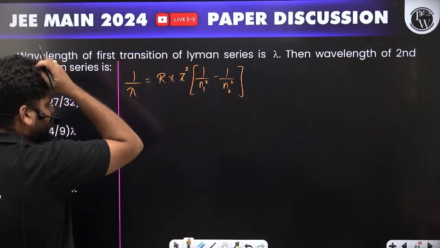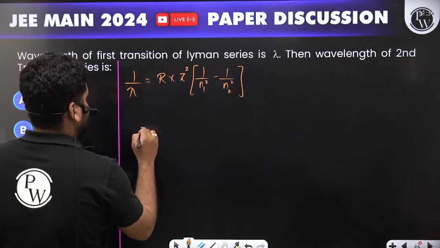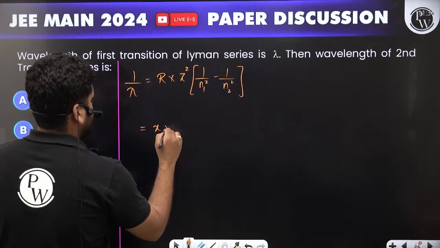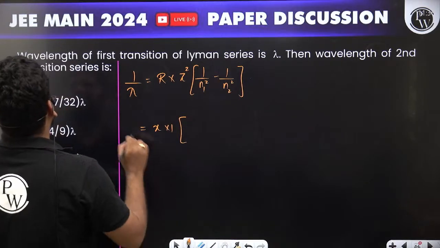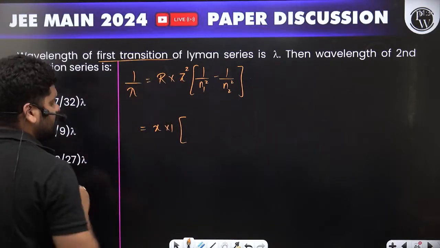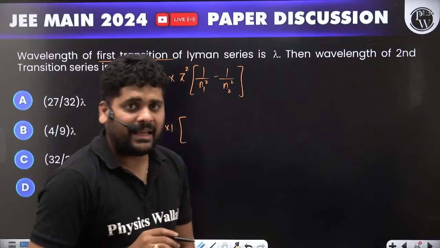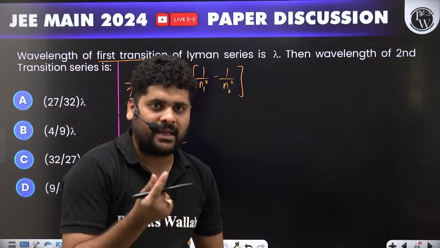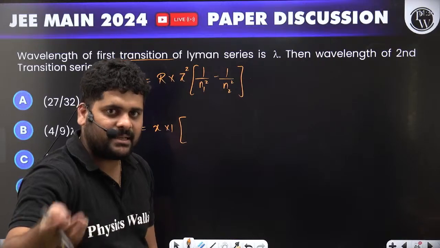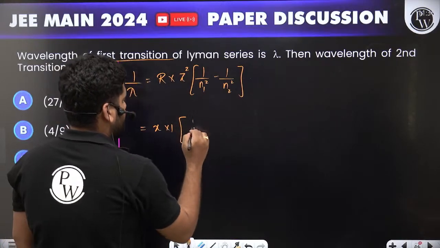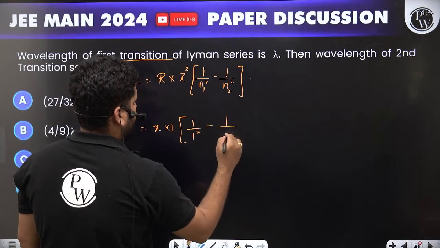We will calculate the value of R in the beginning. I'll take R as some x, for the first transition. Lyman ground state is n1 is 1, first excited state is going to be 2. So 1 by 1 squared minus 1 by 2 squared.